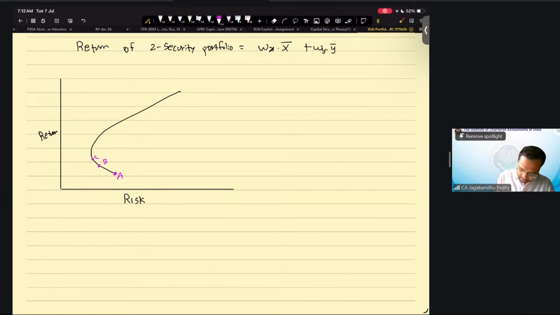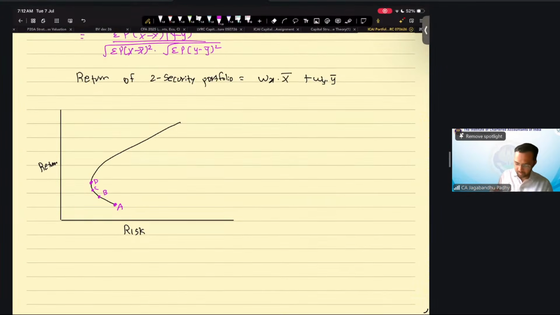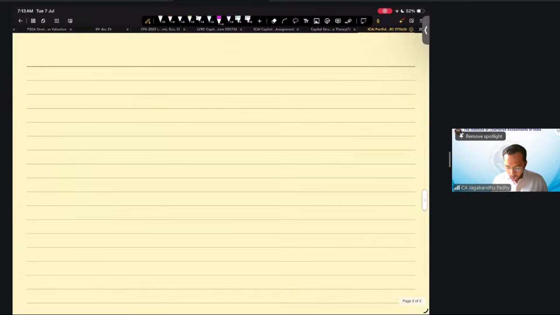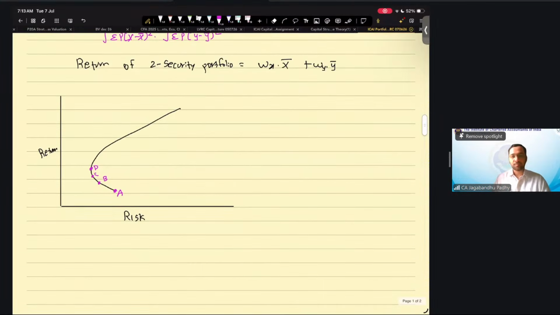In the same way, it's better to keep on shifting up to this point where the shape of the curve changes from concave to convex. So these portfolios from A to, let's say, D are the inefficient portfolios.